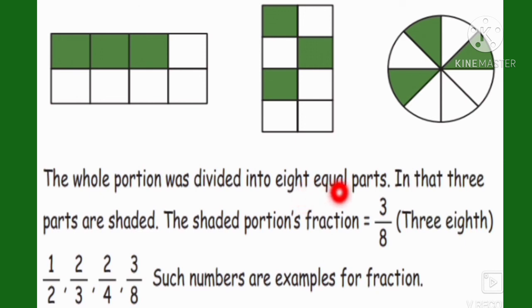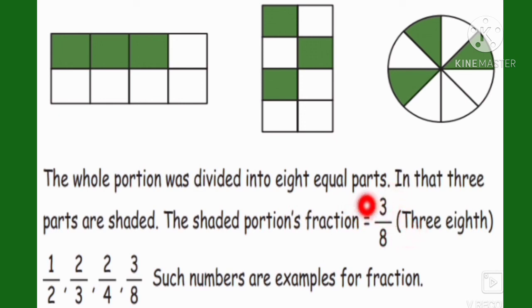And here, 3 parts are shaded, 3 parts are colored. So 3 will be the numerator. The number of shaded parts is 3, which represents the numerator. The shaded portion's fraction is 3 by 8.